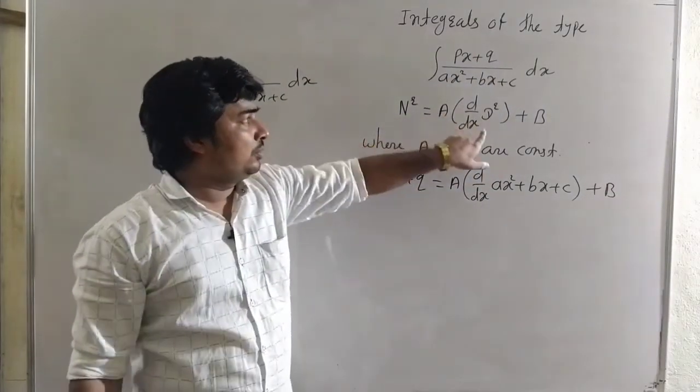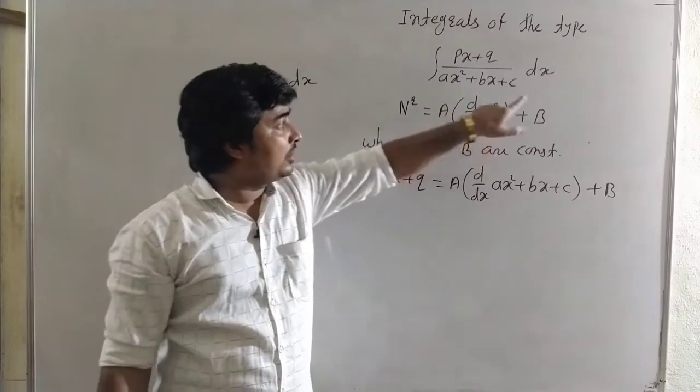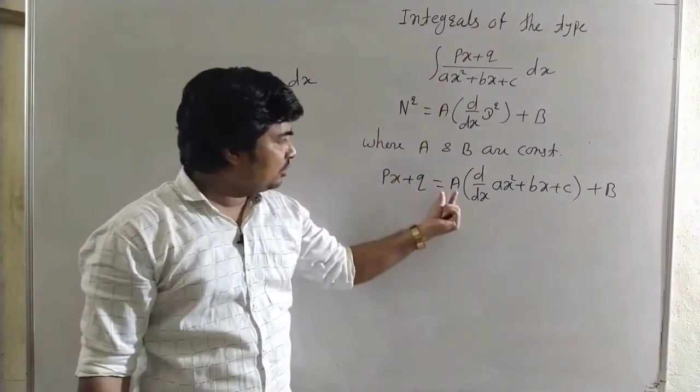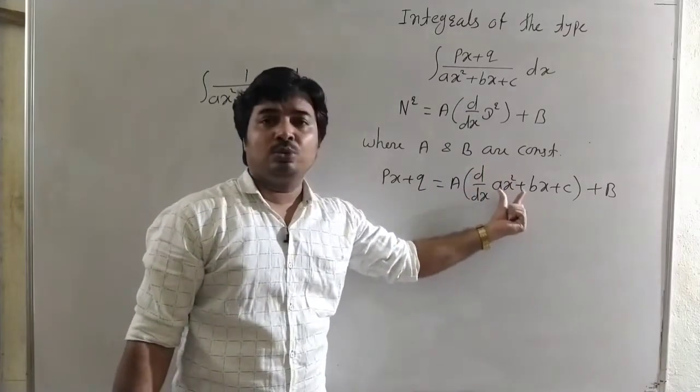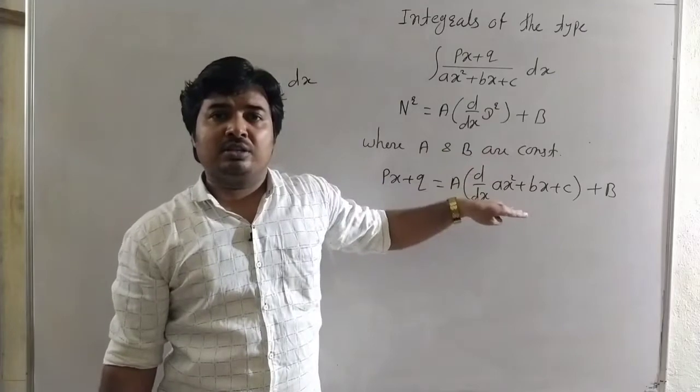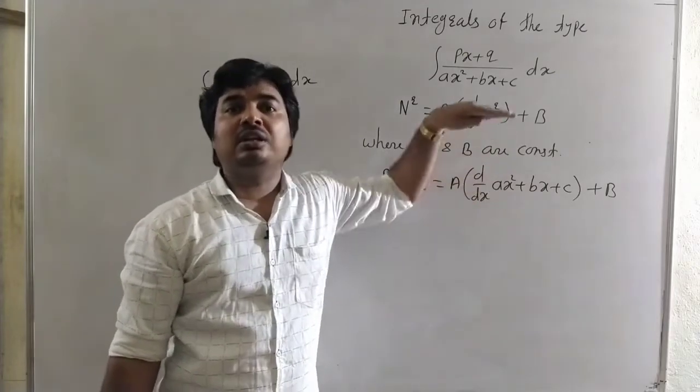The numerator is equal to a into the derivative of the denominator plus b. The numerator is a linear function, equal to a into the derivative of the quadratic function, and we know that when we differentiate the quadratic function we get a linear function.